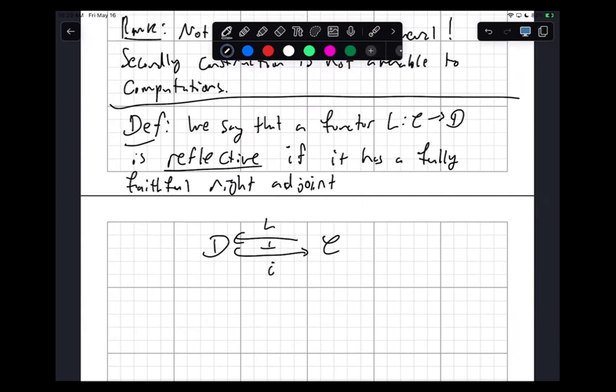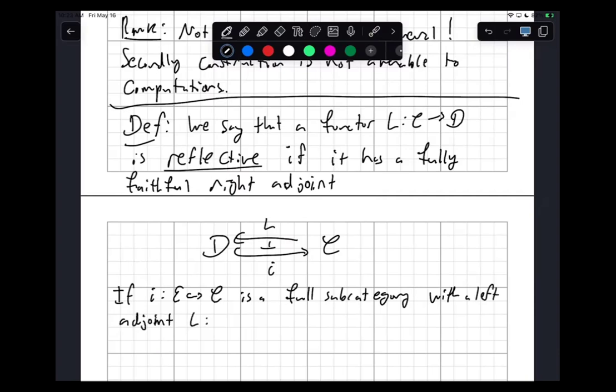Okay, so now we say a functor is reflective if it has a fully faithful right adjoint. If I have a full subcategory with a left adjoint to the inclusion, any inclusion of a full subcategory is automatically fully faithful.